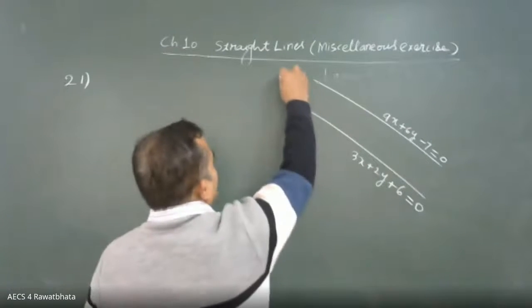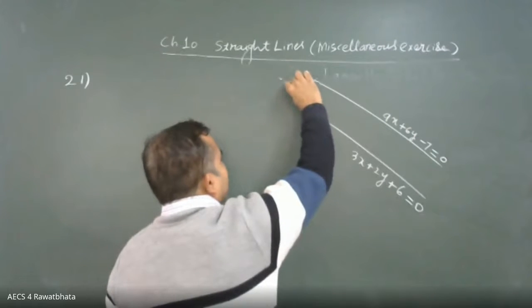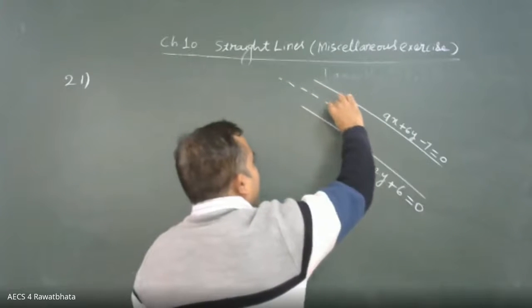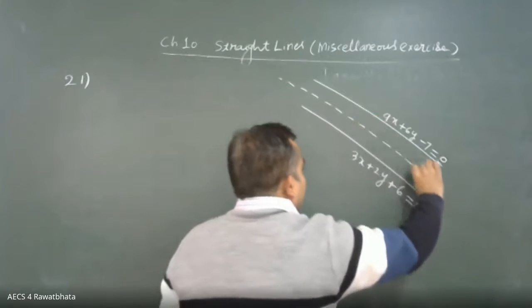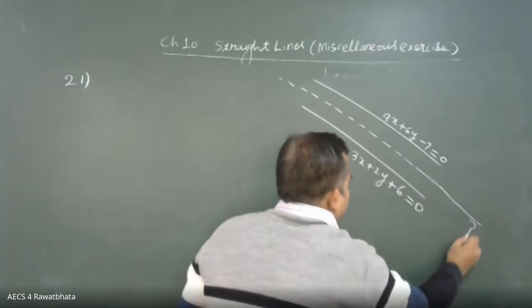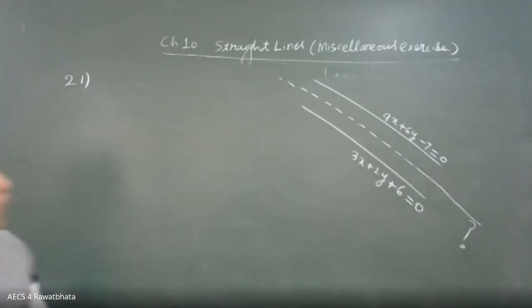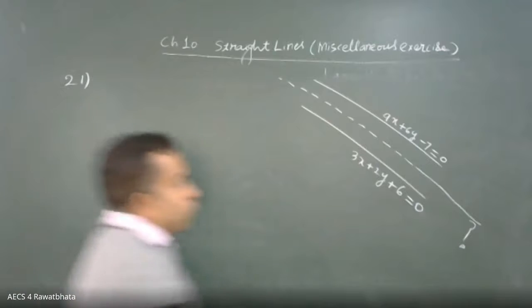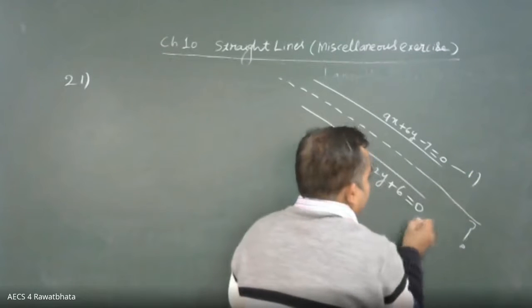So that line must pass through the exact middle of these two, isn't it? So its equation only we have to determine. Let it be line number 1, let it be line number 2.